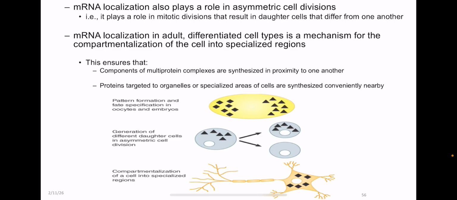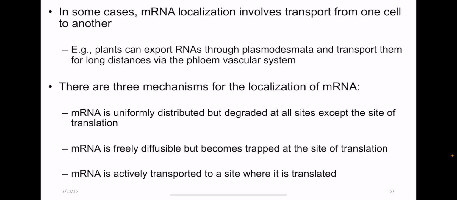This is important. This is an example of the importance of localization. As I said, in some cases as well, the mRNA itself has to be transported from one cell to another cell.